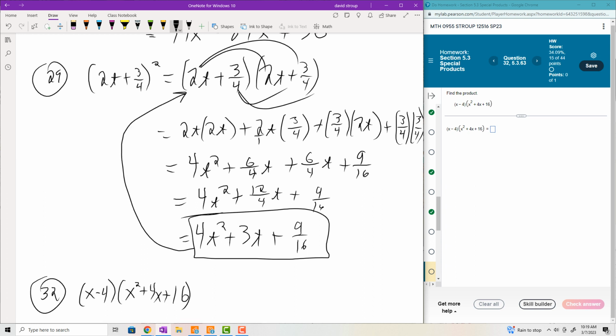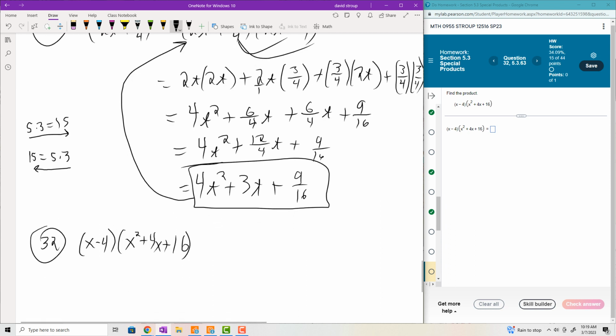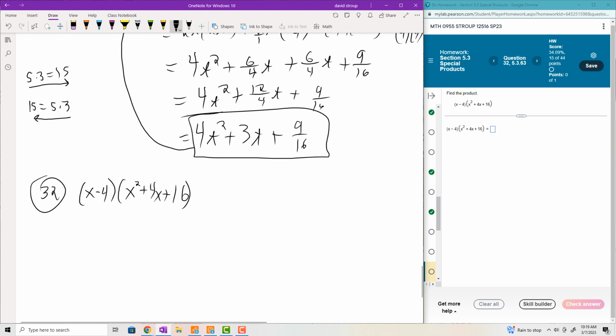It's like factoring a number. You can multiply two numbers together, like 5 times 3, and you get 15. But you can also start with 15 and then factor it into 5 times 3. So right now we're multiplying things out, but later on we'll want to be able to factor it. So you'll want to go in the other direction. In order to do that, you need to have analyzed these special forms, and that will give you a good foot in the door for moving in the opposite direction, because the opposite direction is harder.